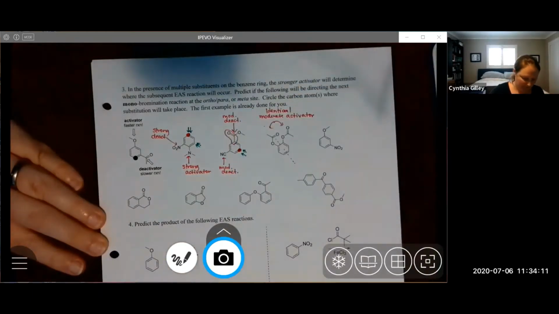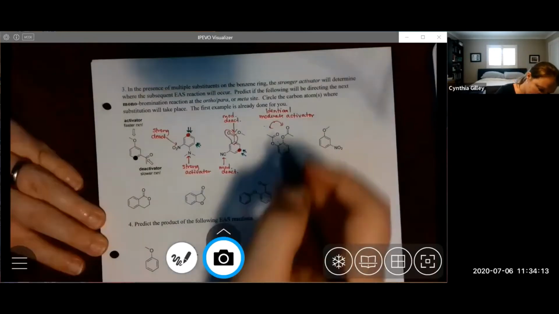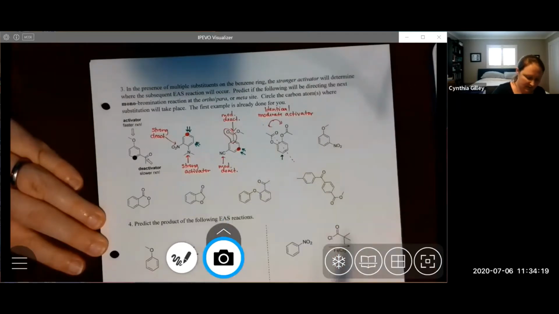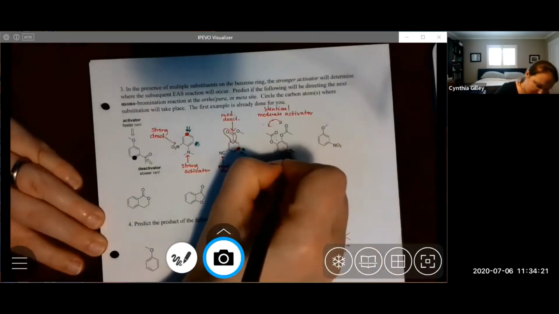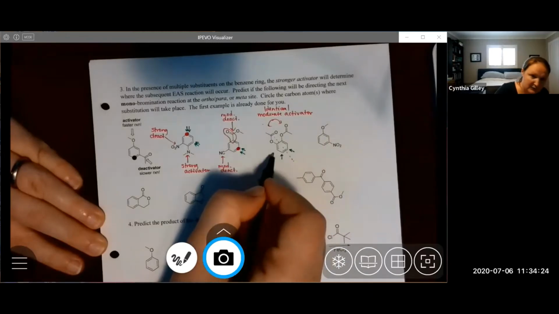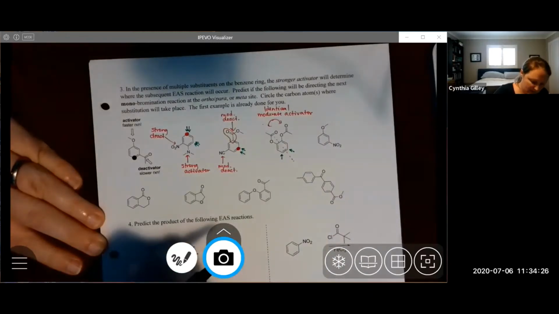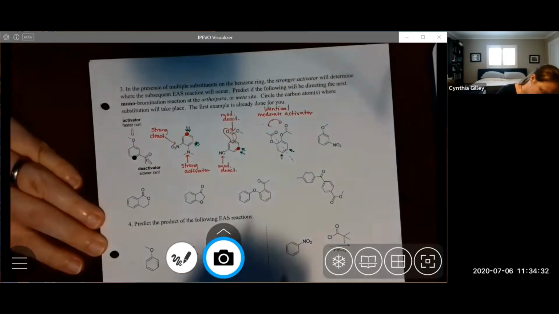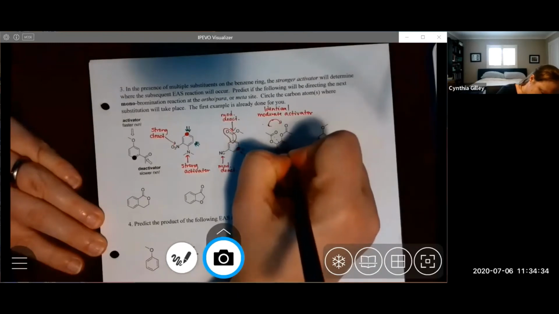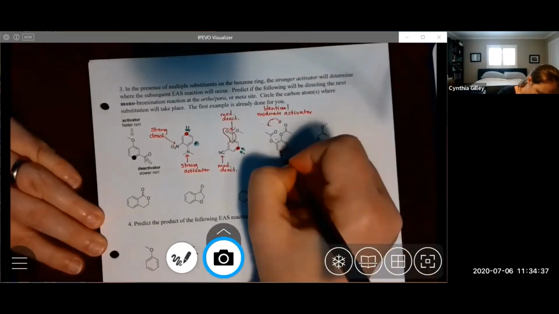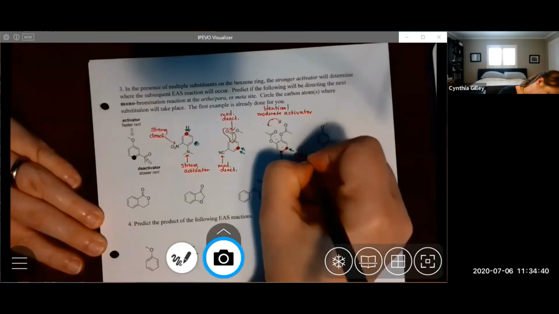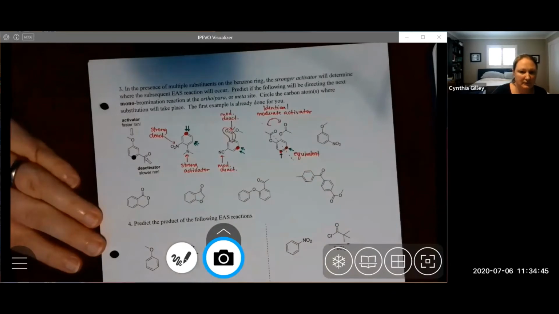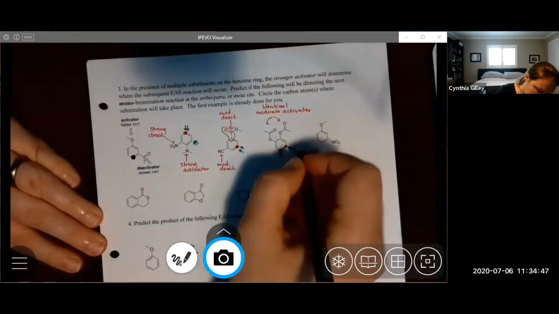Usually that will direct para first. So this one directs here and here, but this is going to be too sterically hindered. And this one directs here and here, and this is too sterically hindered. So the good news is these positions are equivalent, so you just pick one. If you were to place it here or here, it would be the same.